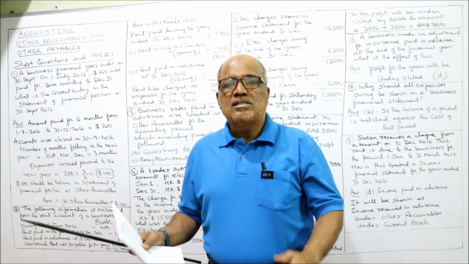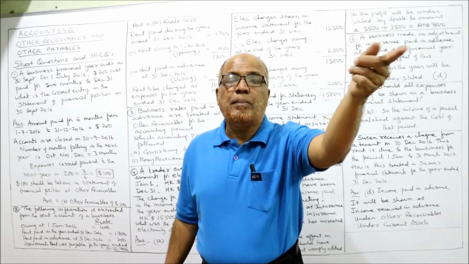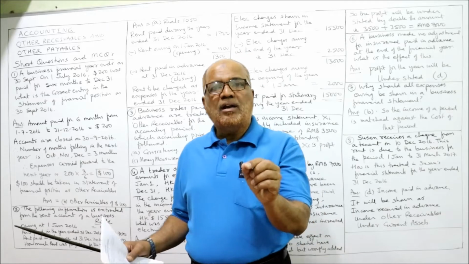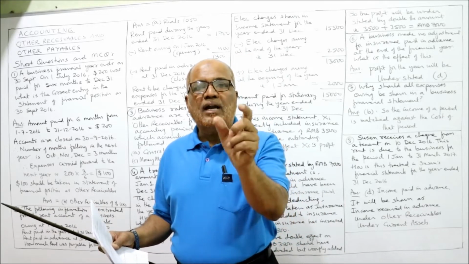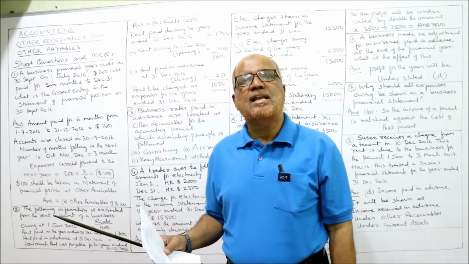Deduct 400. Similarly, 250 real is the rent for the next year paid in advance during the current year. This is also deducted. So 1700 minus 400 minus 250. That is the rent charged to income statement as an expense.